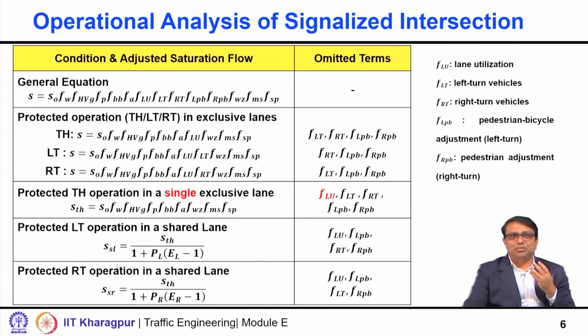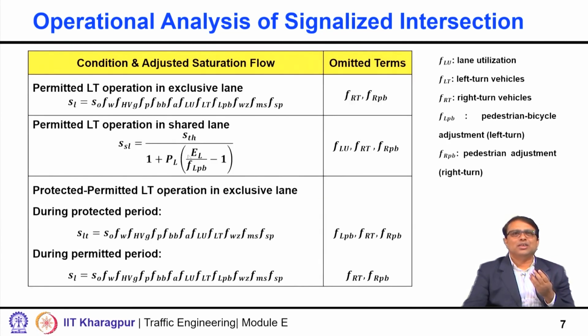For protected left turn operation we said it depends on the percentage of left turning vehicles and the left turn vehicle equivalency. Now one more factor will come, that is FLPB, the pedestrian bicycle adjustment for the left turn.